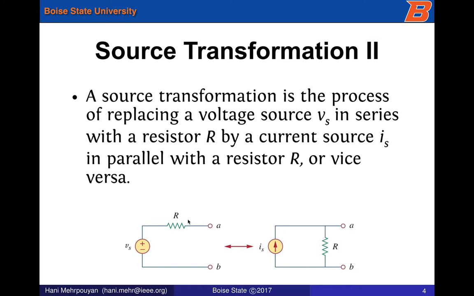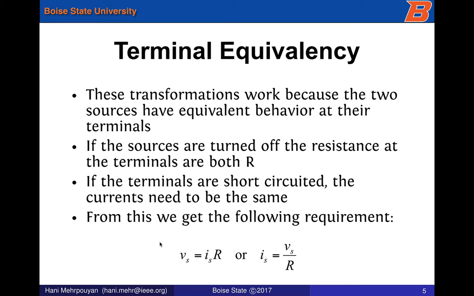the overall voltage at these two terminals is given by Vs is equal to Is times R. So Is times R, the current that is flowing through that terminal, is equal to the voltage.